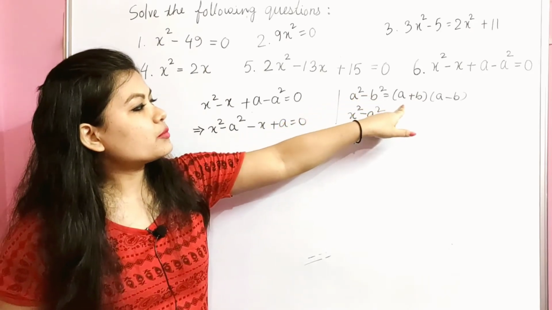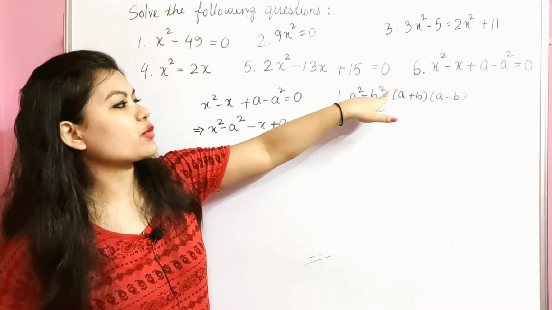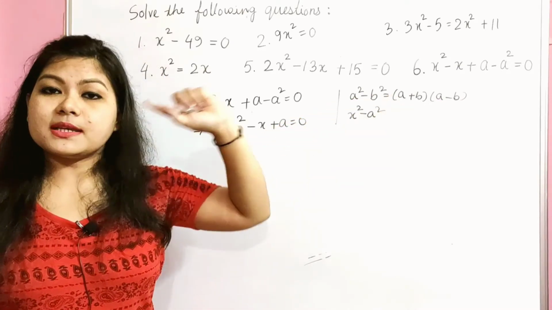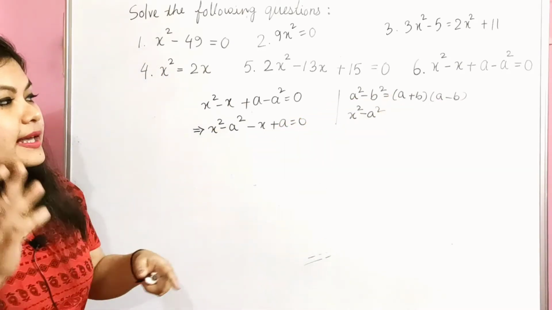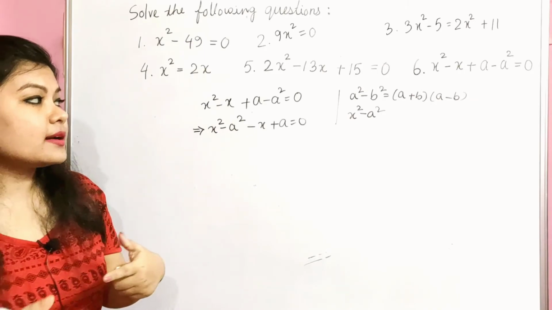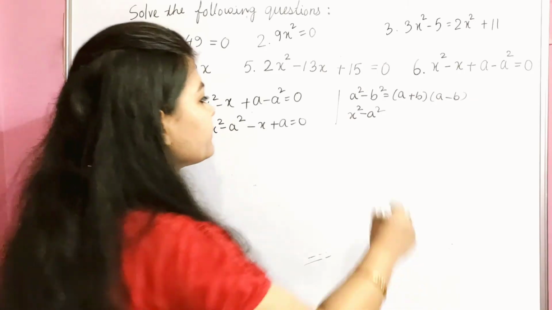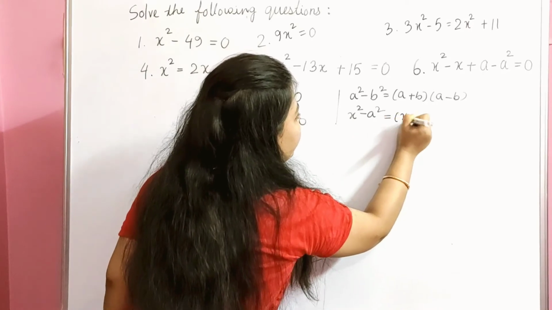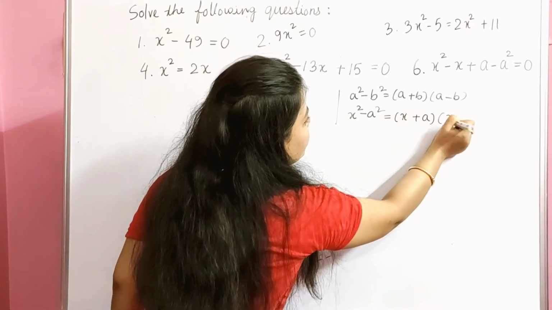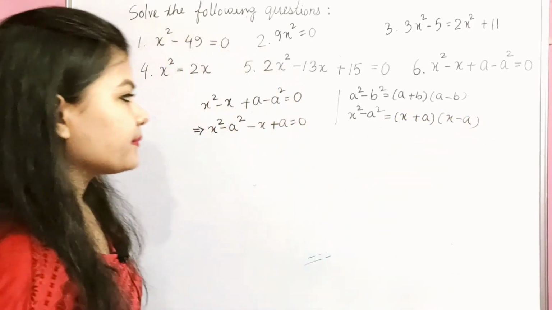So from this formula, a square minus b square gives a plus b into a minus b. That's why x square minus a square gives x plus a into x minus a.